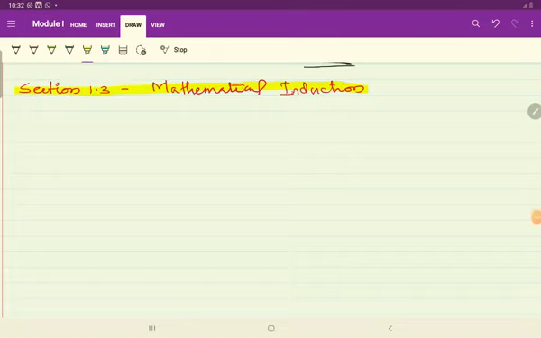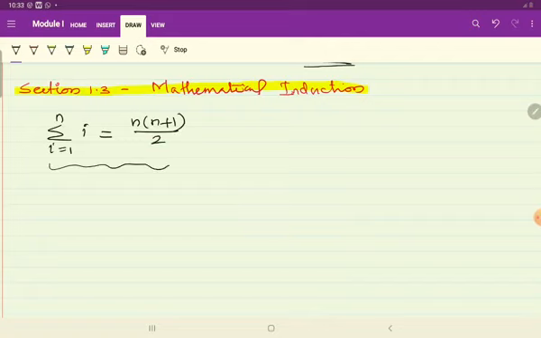One of the famous results in number theory, we know the basic result for positive integers: the sum of the first n positive integers, that is summation i varies from 1 to n of i, is obtained as n into n plus 1 by 2. We know this result is true for every positive integer. But how to prove this result?